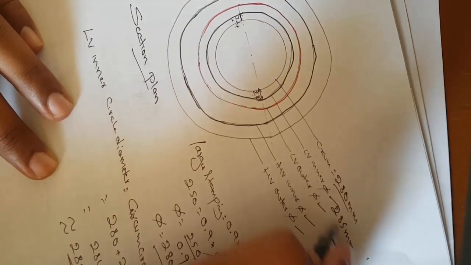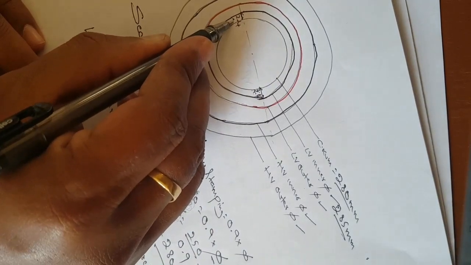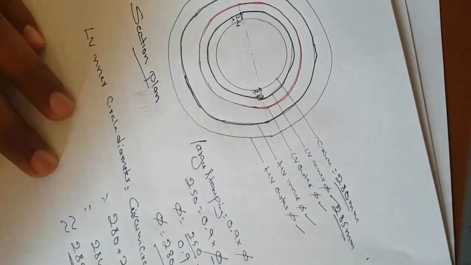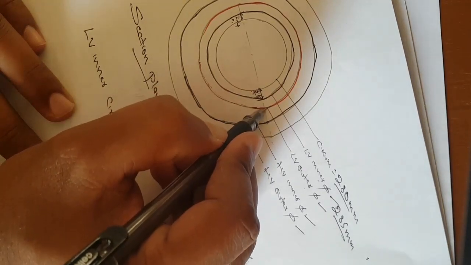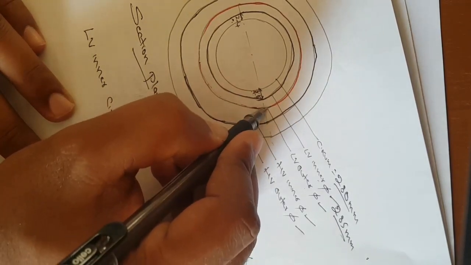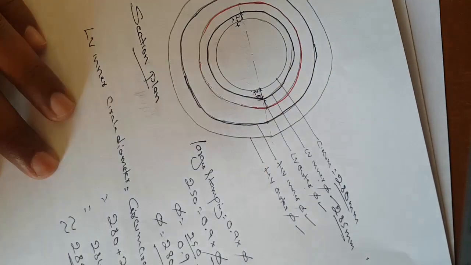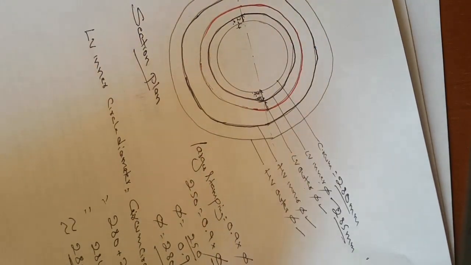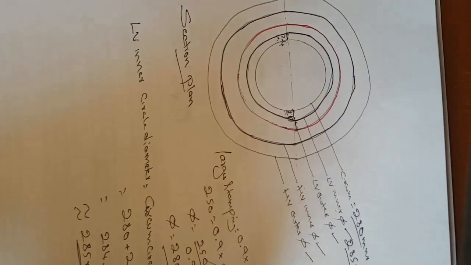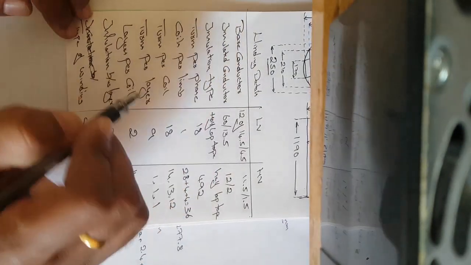Now I have already calculated this insulation between the core and the LV winding. If you want to calculate the outer diameter of this LV winding, you should know the thickness. So first I want to find out the thickness of the LV winding. In order to find the thickness of the LV winding, let me go with the winding details.